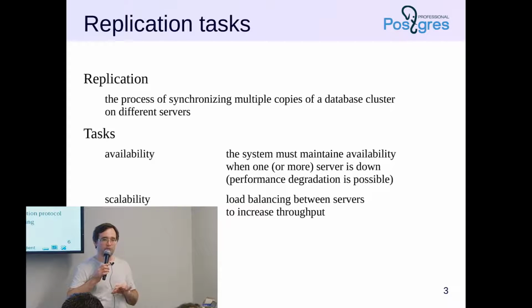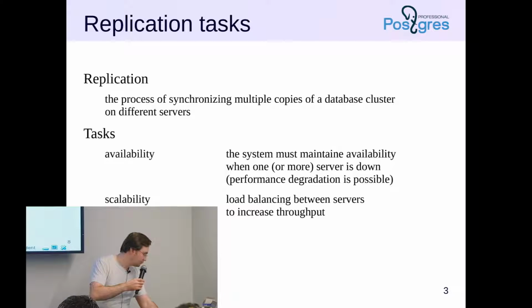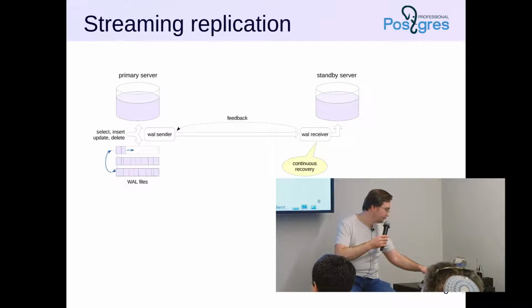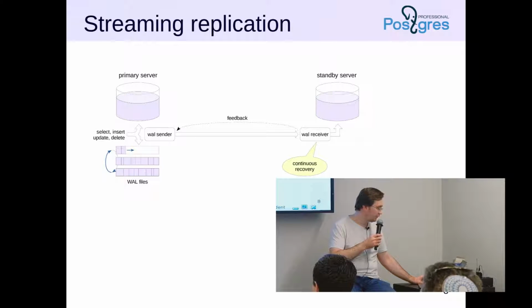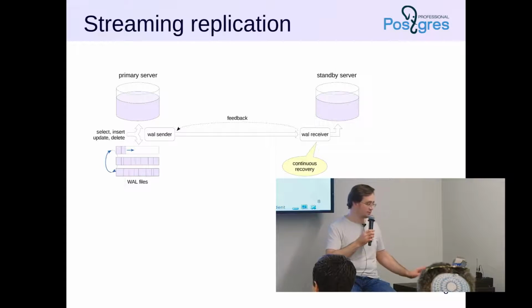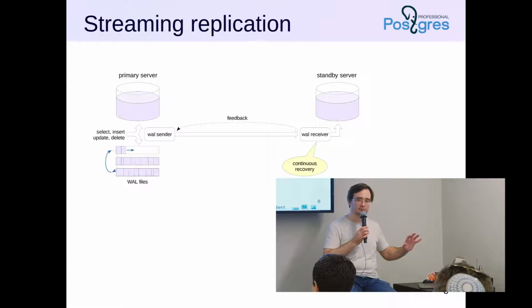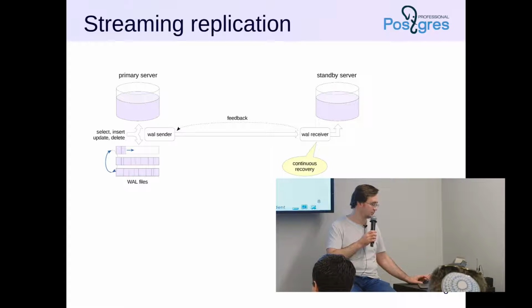So if you have just a picture, you run this server, you can specify that this server will connect to the primary server and get WAL records from it by replication protocol.